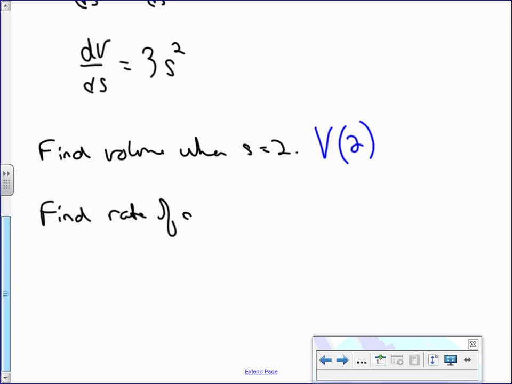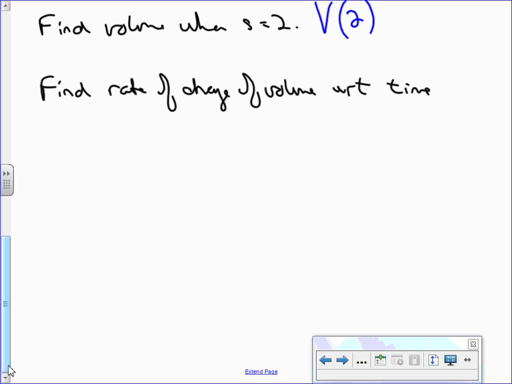If I say find the rate of change of volume with respect to time, then what am I asking you to find?